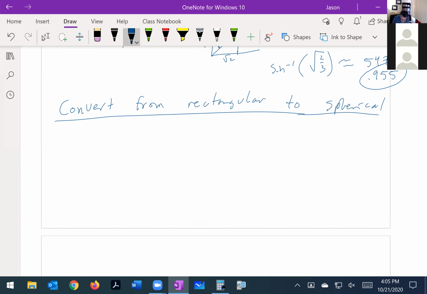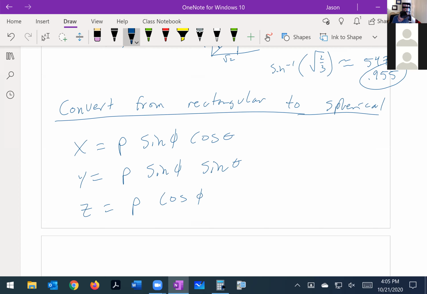So we know that x is equal to rho times the sine of phi times the cosine of theta. y is equal to rho times the sine of phi sine of theta. And z is equal to rho times the cosine of phi.